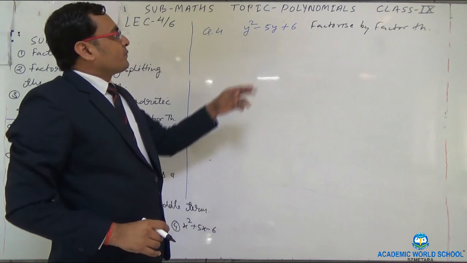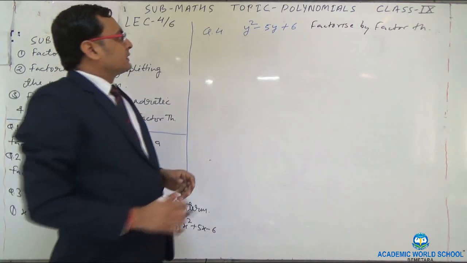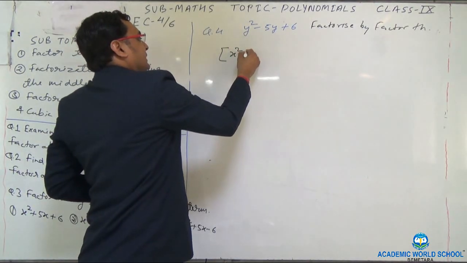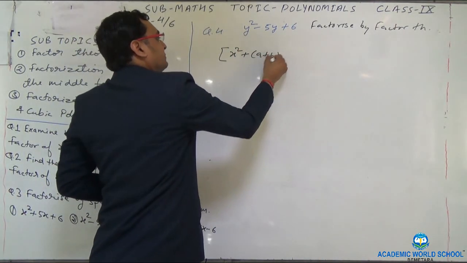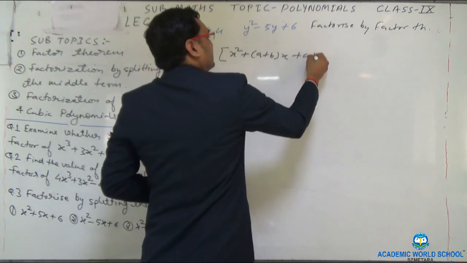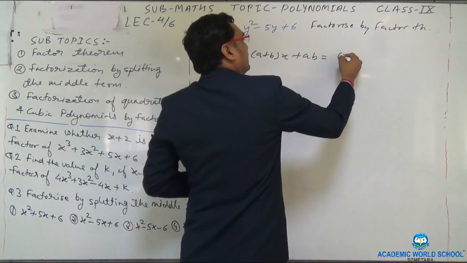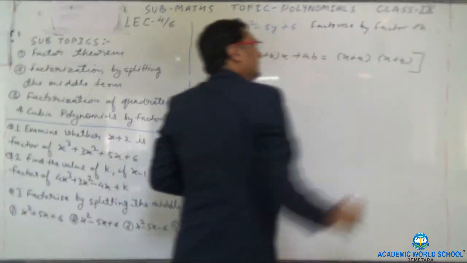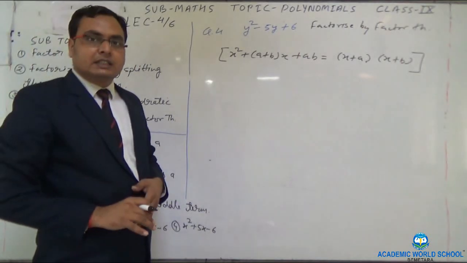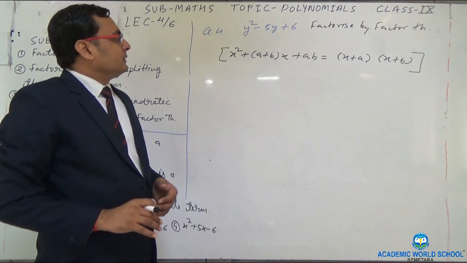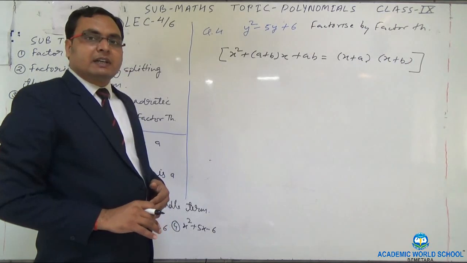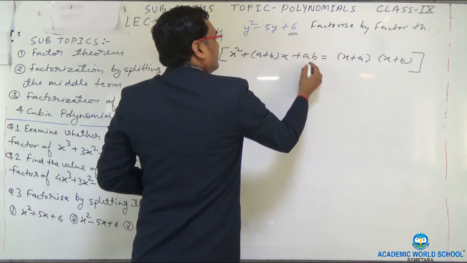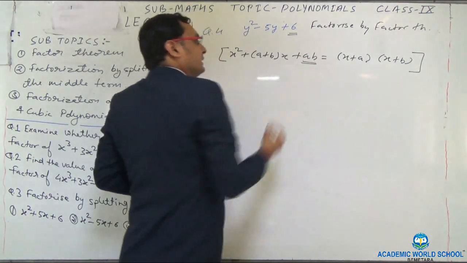Now, you look at the same property here that we used earlier, x square plus a plus b x plus ab is equal to x plus a into x plus b. This property we used earlier in the method of factorization by splitting the middle term. Look at here, this constant term has factors a and b.